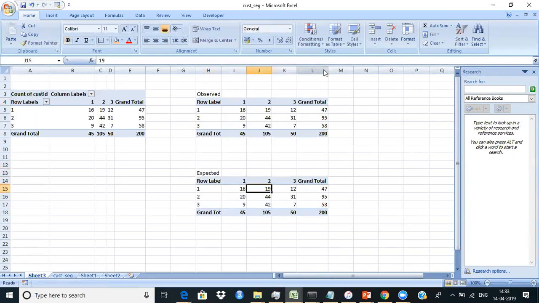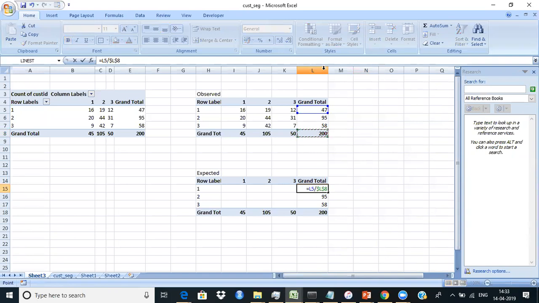In order to get to the expected values, what you need to calculate first is something known as marginal probabilities. What is marginal probability? Marginal probability is nothing but probabilities of the margin. This is a margin. This is another margin. What are their individual probabilities? So what is the probability of this margin? 47 by 200. This is the probability of this margin, right?